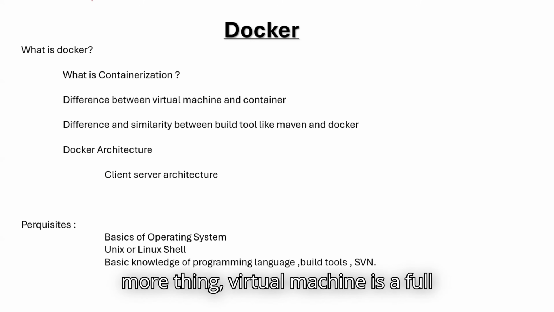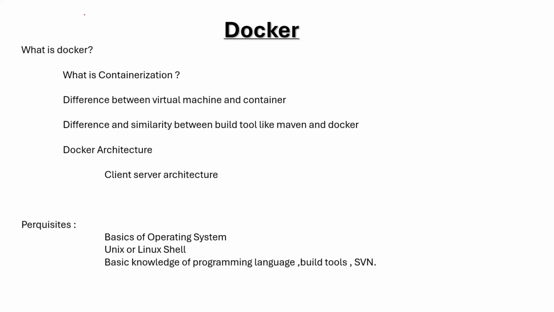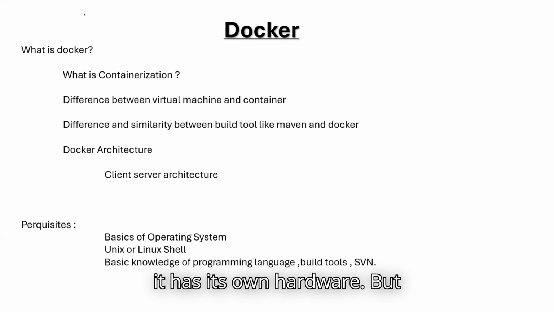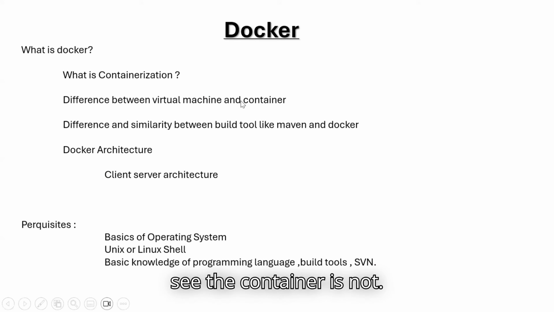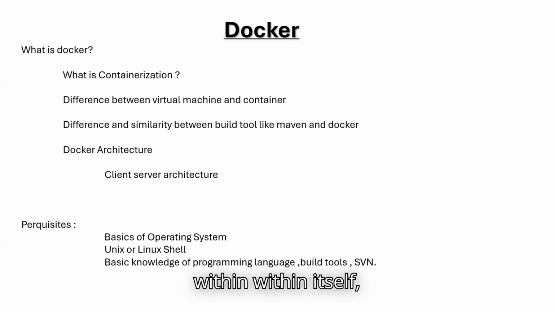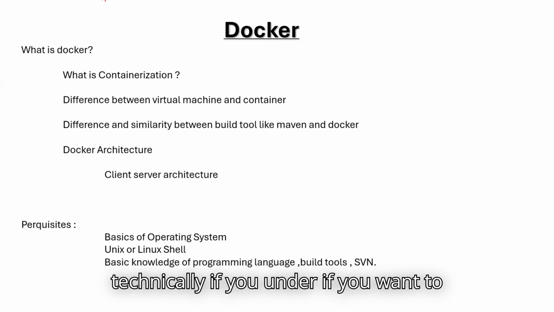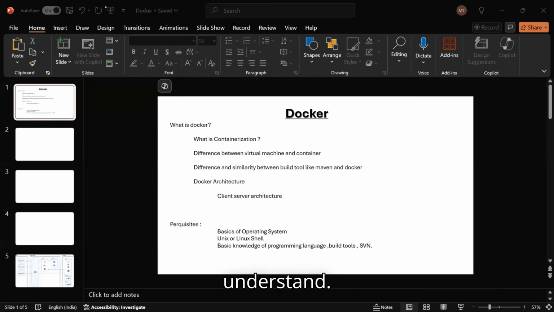And one more thing, a virtual machine is a full operating system. It has everything, the OS, its own hardware. But a container doesn't have everything within itself. A container is just a process.